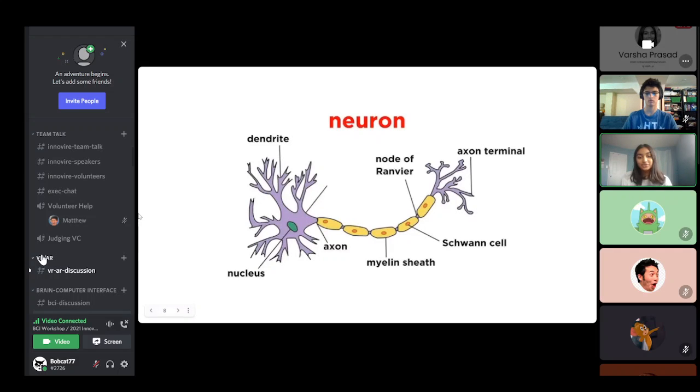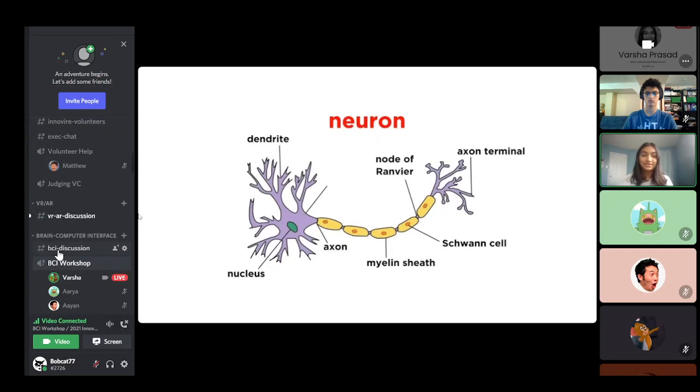The axon transmits electrical signals. The dendrites get and put out these electrical signals, and then the nucleus keeps the cell alive and does normal cell things. And then around them there are glia cells, which are located around the neurons.